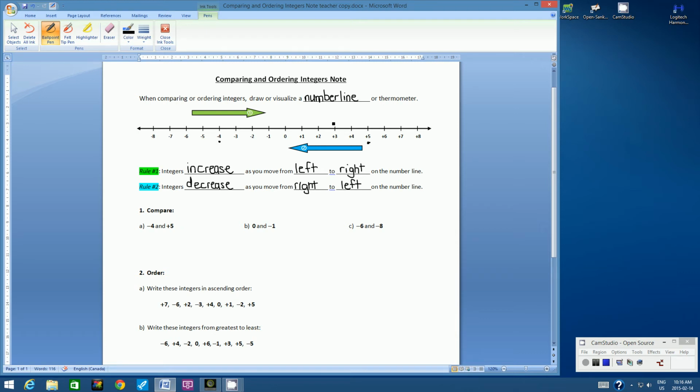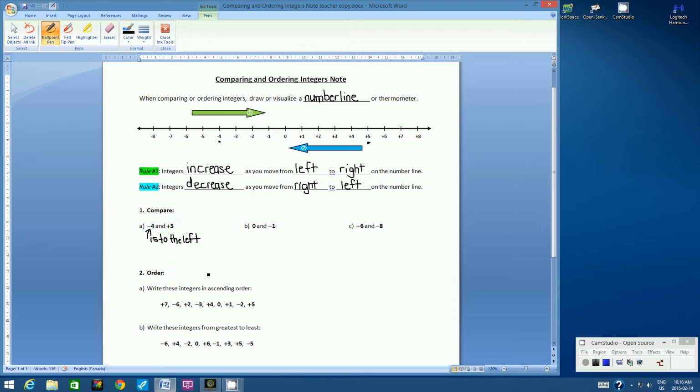Okay, so which one is on the right side of the number line? Well, obviously, positive 5 is. Which one is on the left side of the number line? Negative 4. Okay, so negative 4 here, let's just write ourselves a little note, is to the left.